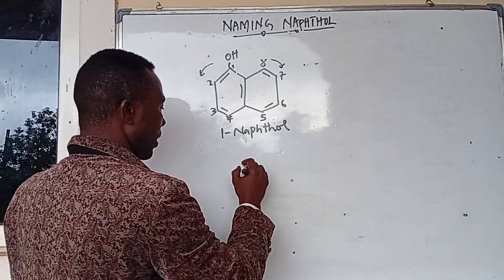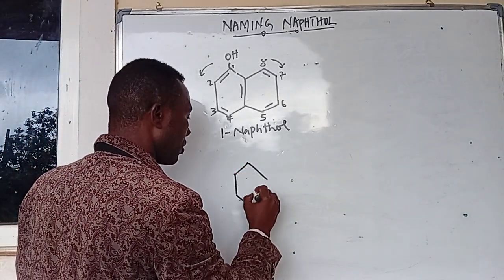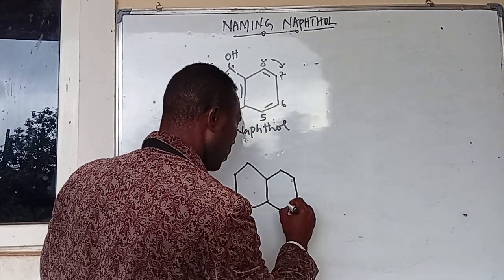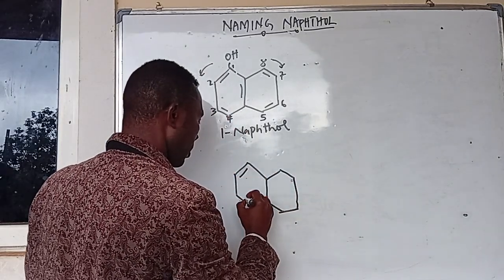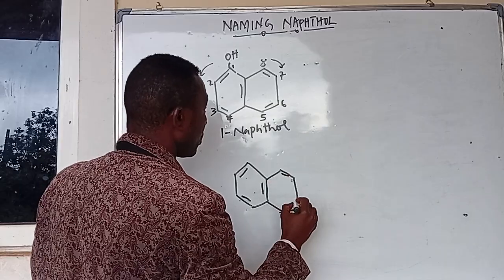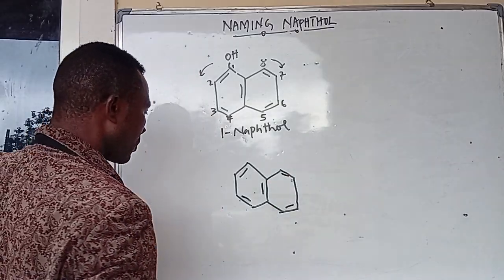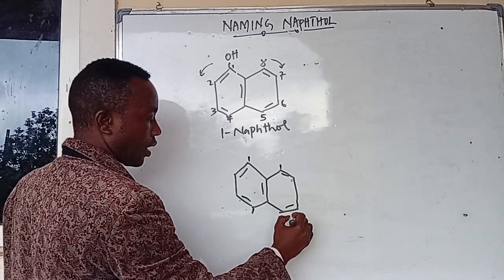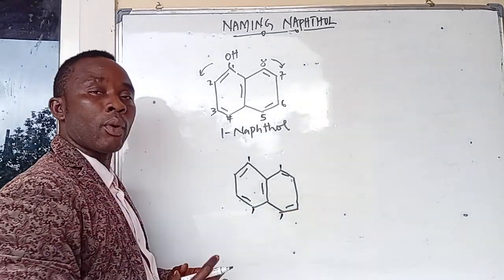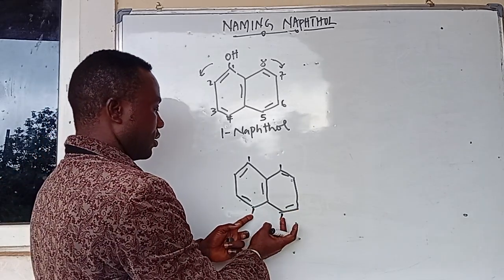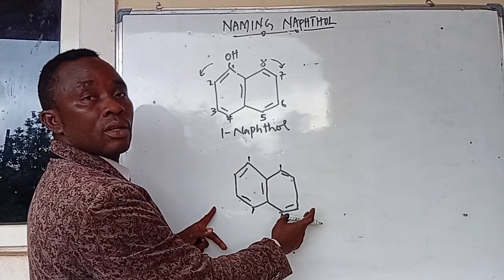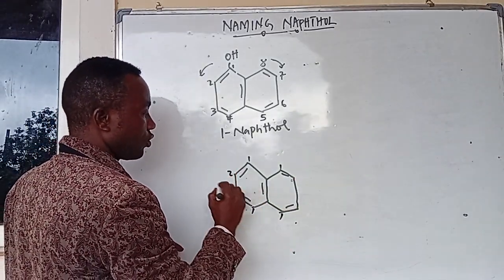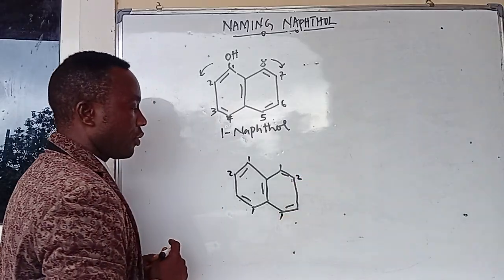Now, remember, when you draw your naphthalene ring this way, you agree with me that here can become 1, here can become 1, here can become 1, here can become carbon 1. If you number through the other way, that means here is actually carbon 2.